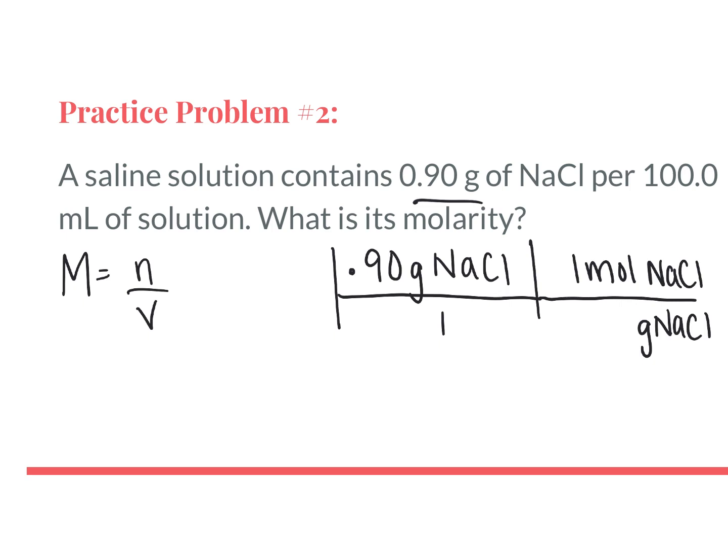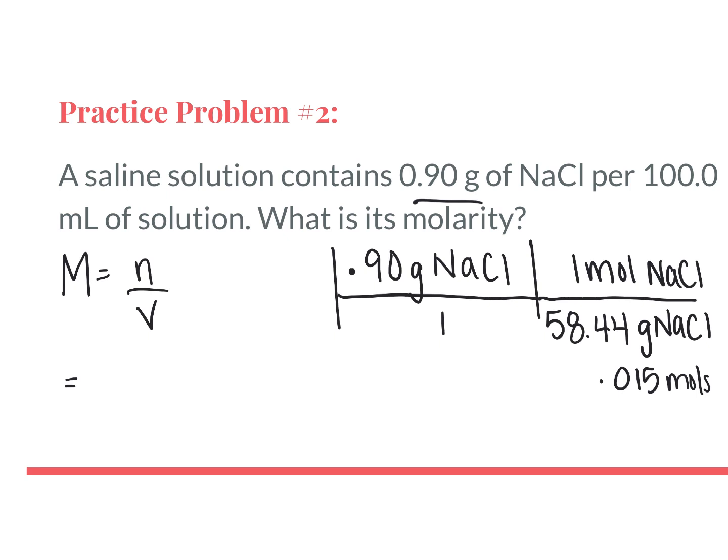What's 22.99 plus 35.45? 58.44. Now divide. What's 0.90 divided by 58.44? 0.015 moles. Do y'all agree?